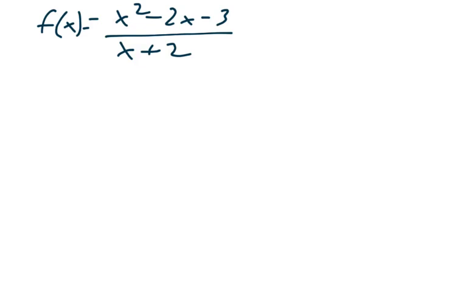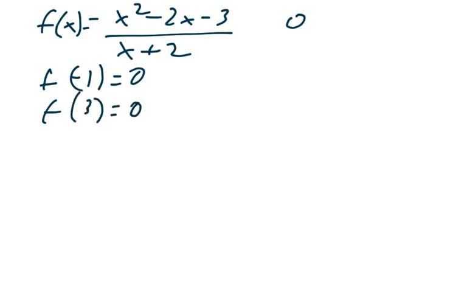Alright, once again, when I plug in negative 1, I'm going to get 0 for f of negative 1, and I got 0 for f of 3. So I am going to have to take the derivative using the quotient rule.